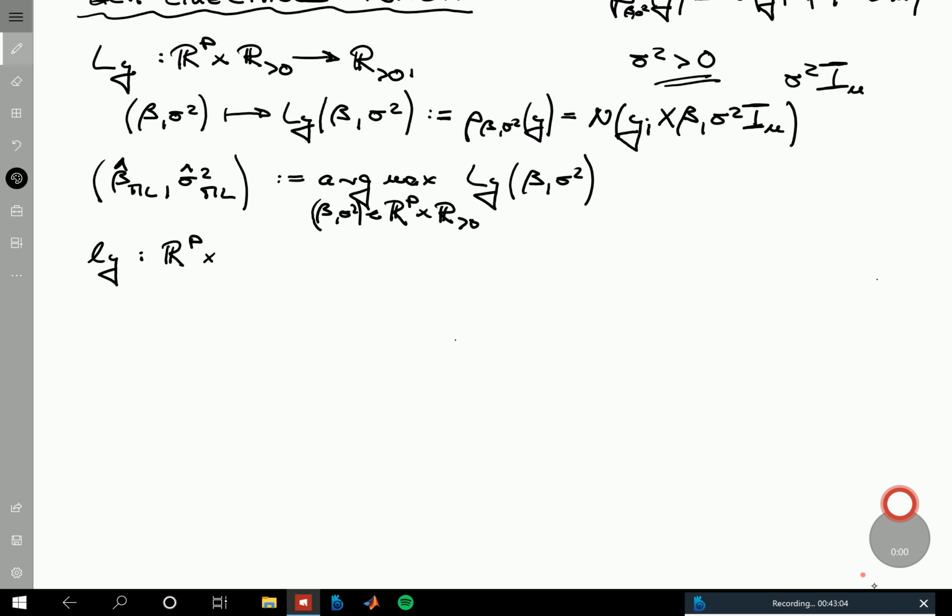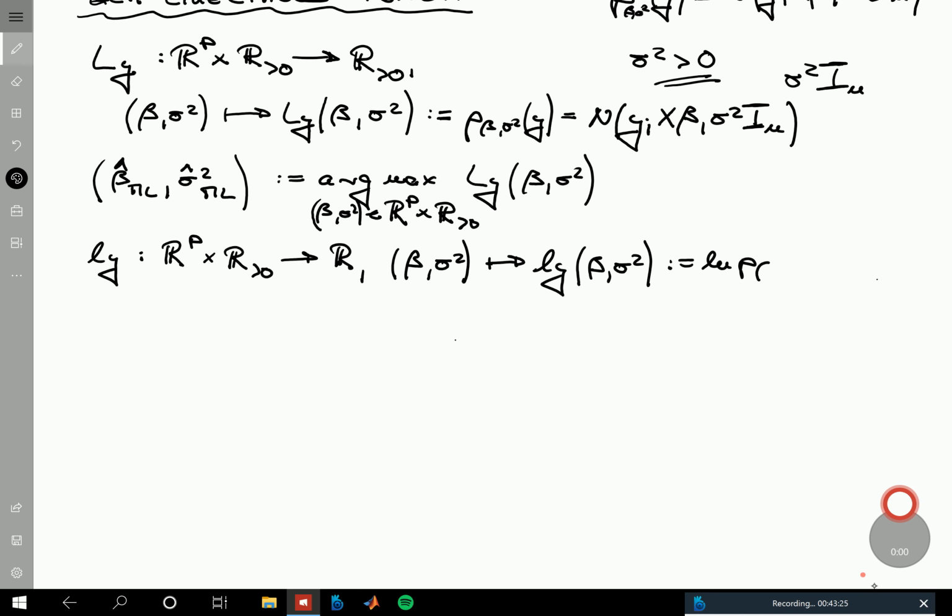So we work with the log, and this then is basically what we want to get. Here we have the log likelihood function, which is the log of p of y given beta and sigma square, which is the log of N of y given X beta and sigma square times the identity. And this is, I think, as far as I wanted to get.